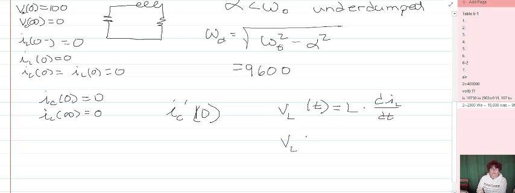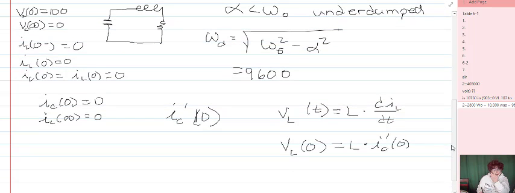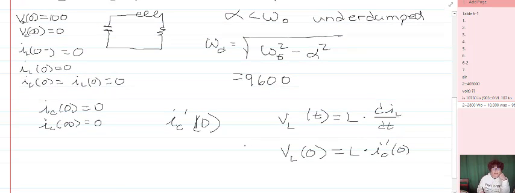So VL at 0 is going to equal L times IC prime at 0. But now we need to figure out the voltage across the inductor at 0. Now, voltage can change instantaneously on a capacitor? No, on an inductor. So let's take a look at our circuit. We knew VC of 0 minus was 100, which means VC of 0 plus is 100.